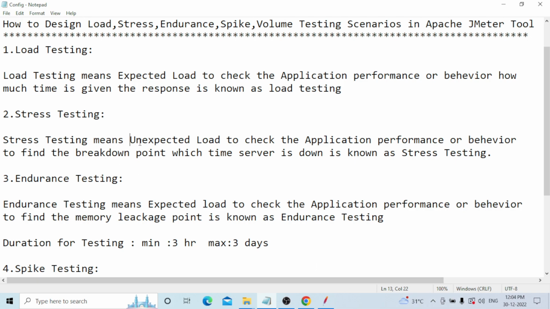That is why we mention: unexpected load to check the application performance or behavior, to find the breakdown point, is very important. This is our goal: to find the breakdown point at which the server goes down is known as stress testing.